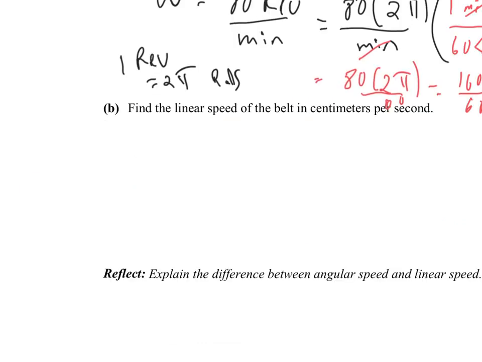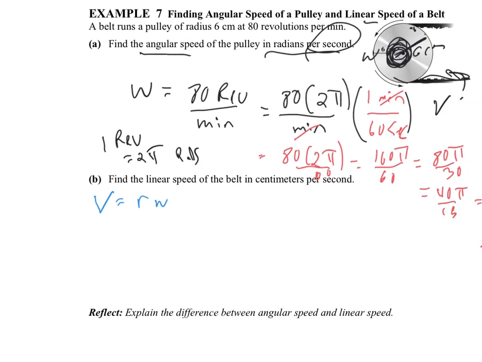Letter B, find the linear speed of the belt in centimeters per second. Well, the linear speed, and we're looking for the speed of the belt, that was R omega, as I recall my formulas. And I already forgot how big the radius of the pulley was.